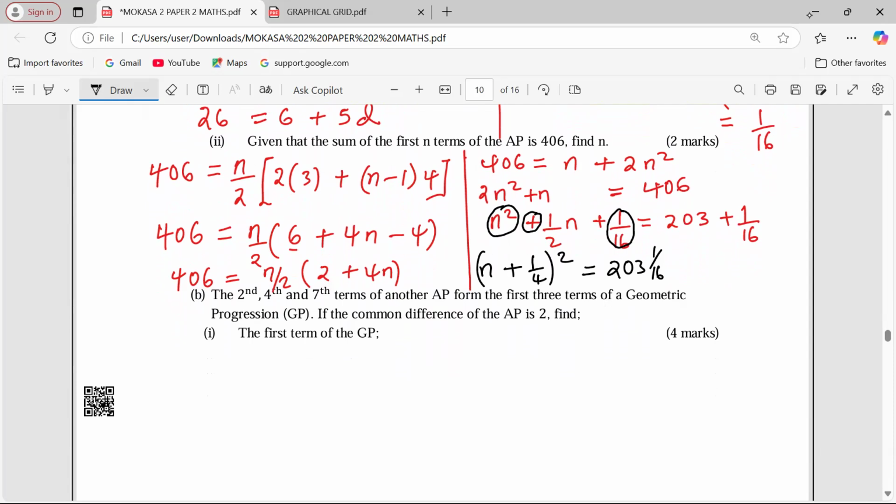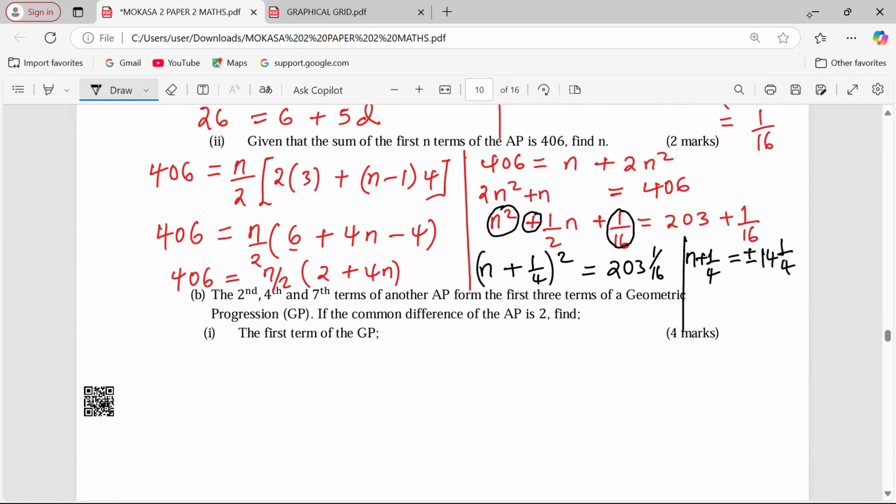Finding square root for both sides will give us n plus a quarter equals to square root on the right-hand side, which gives us 14 and a quarter. And you know square root will be plus or minus 14 and a quarter.